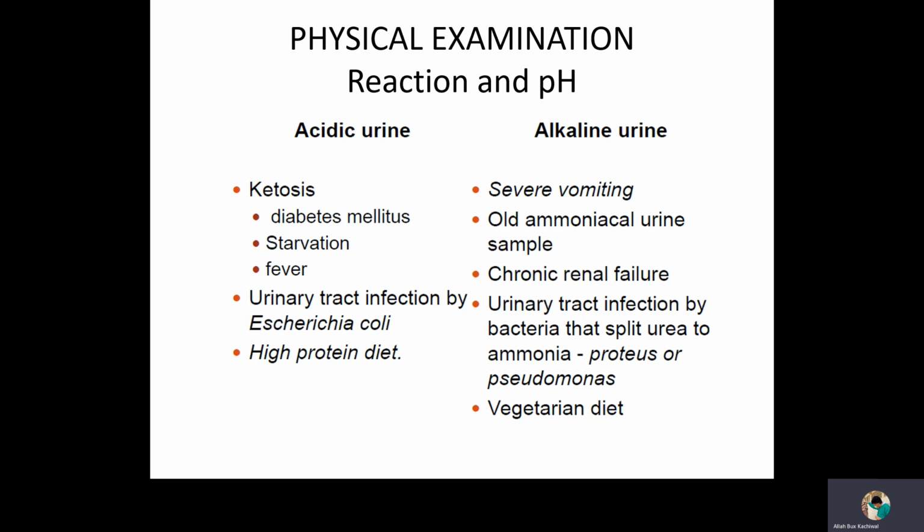Whereas alkaline urine may be due to severe vomiting, an old ammoniacal urine sample, chronic renal failure, urinary tract infection by bacteria that split urea to ammonia, such as Proteus and Pseudomonas, and a vegetarian diet may also cause alkaline urine.